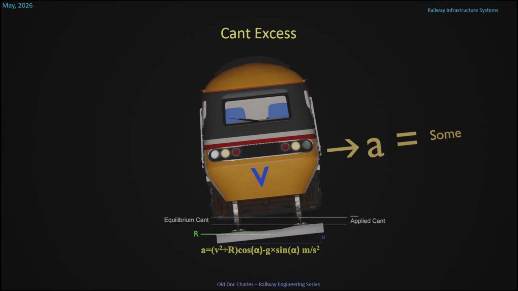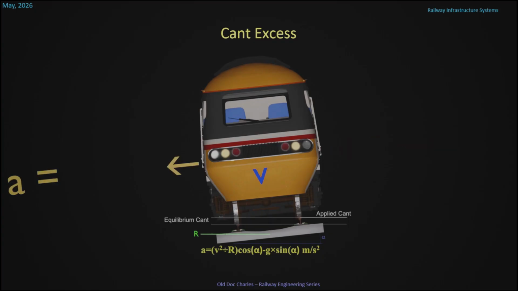Eventually, the equilibrium cant equals the applied cant, so the cant deficiency and the lateral acceleration become 0. Continued slowing further reduces the equilibrium cant, and the difference between the equilibrium cant and the applied cant is what we call cant excess. The lateral acceleration is now directed towards the center of the curve, and this is very uncomfortable for the passengers.